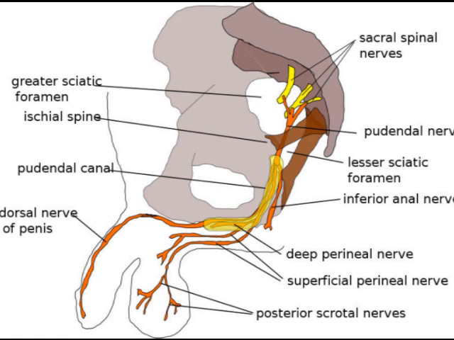And then you can also see the dorsal nerve of the penis, which is really close to the perineal nerve. Both of those are also right there, right next to the pubic ramus part of the pelvis.